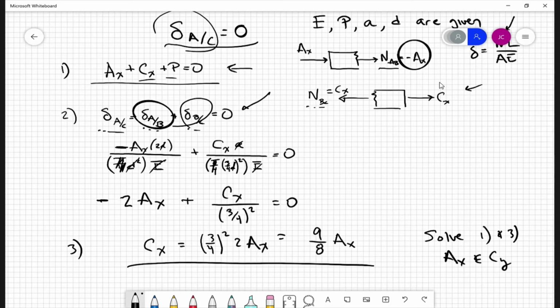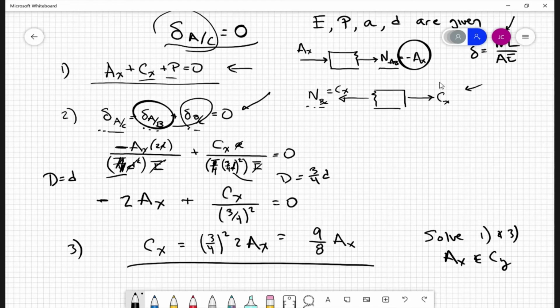Professor, why is it 3/4 squared if we cancel the d squared on the other side? Oh, well, we just canceled d squared, not 3/4, right? You see what I mean? This one, the diameter is equal to 3/4 d. This one, the diameter here is just equal to d, right?